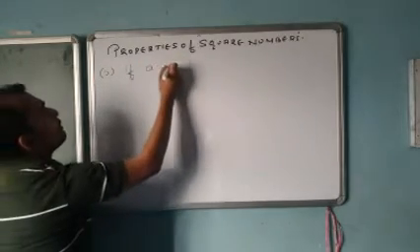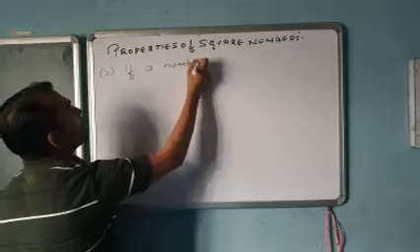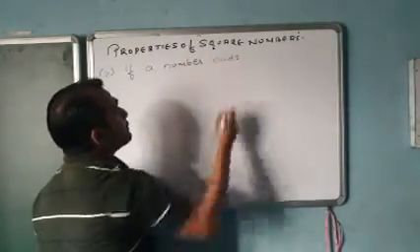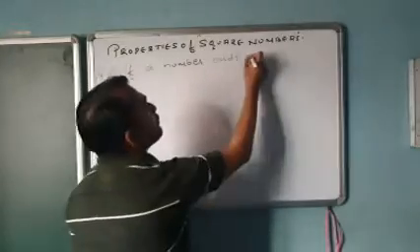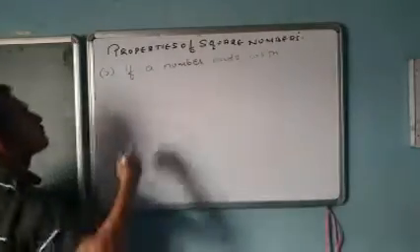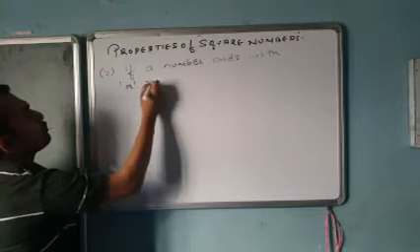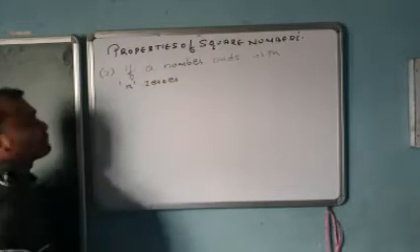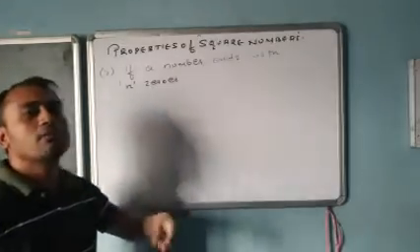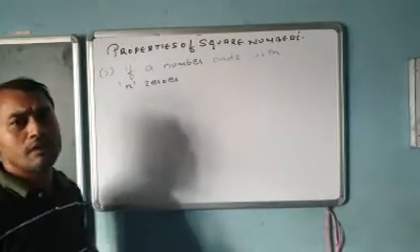If a number ends with n zeros, if any number has n number of zeros, n number is 1, 2, 3, 4, right?